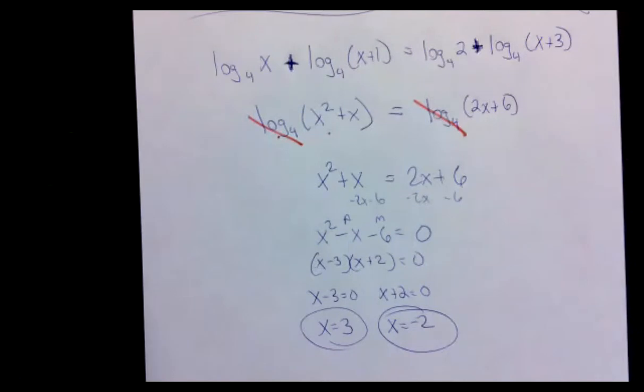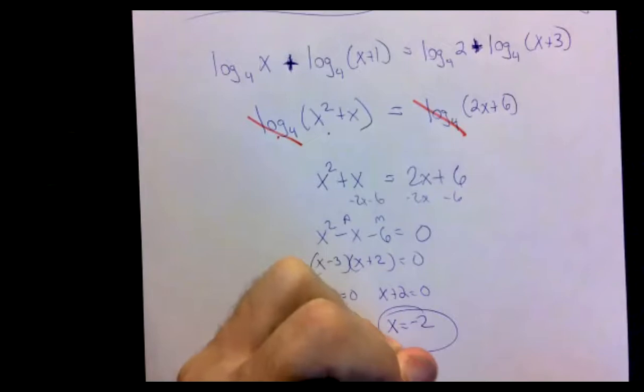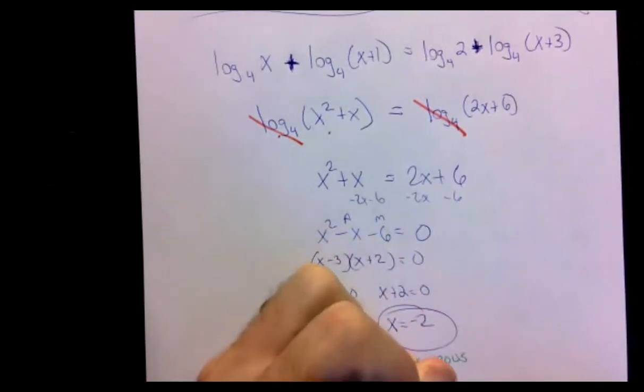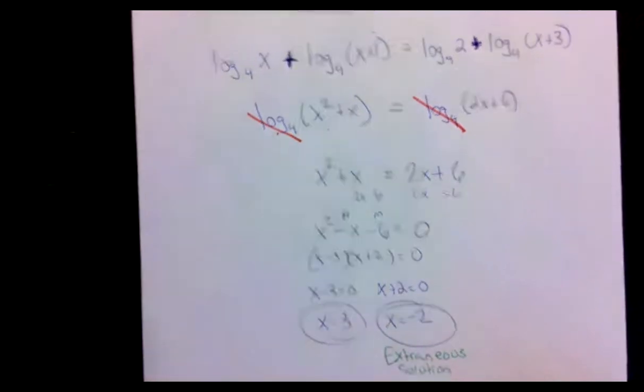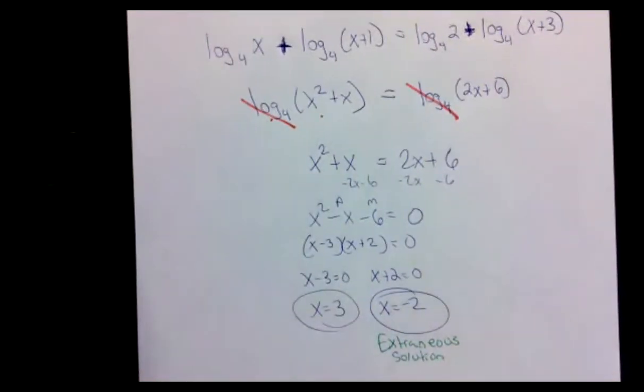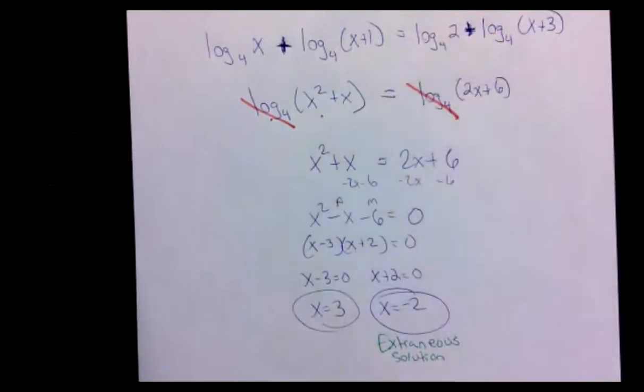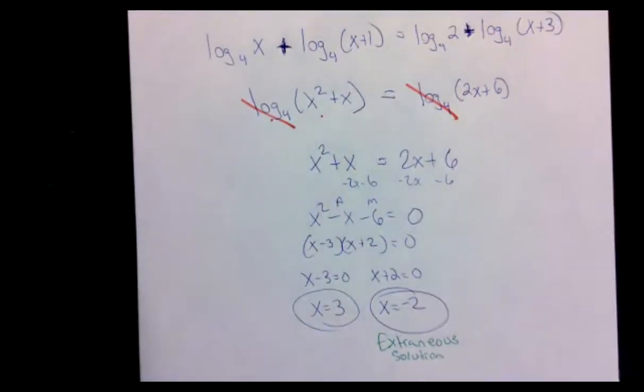Now, here's something we have not had to deal with a lot, and that is something called an extraneous solution. Long story short, this is a solution where we did all of the math right, and this number should work. However, if we try plugging this -2 into our original equation where it should work, it will not.